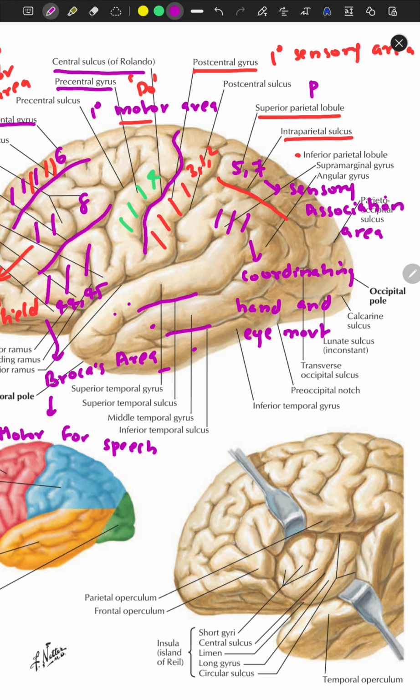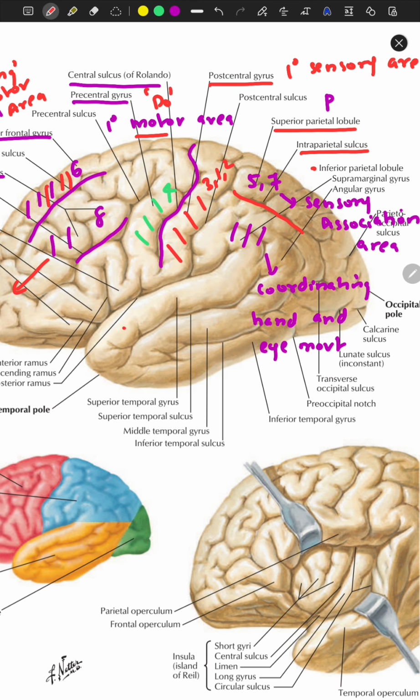The anterior part of the superior temporal gyri is the auditory area, concerned with areas 41 and 42. And the posterior part is concerned with Wernicke's area of speech.